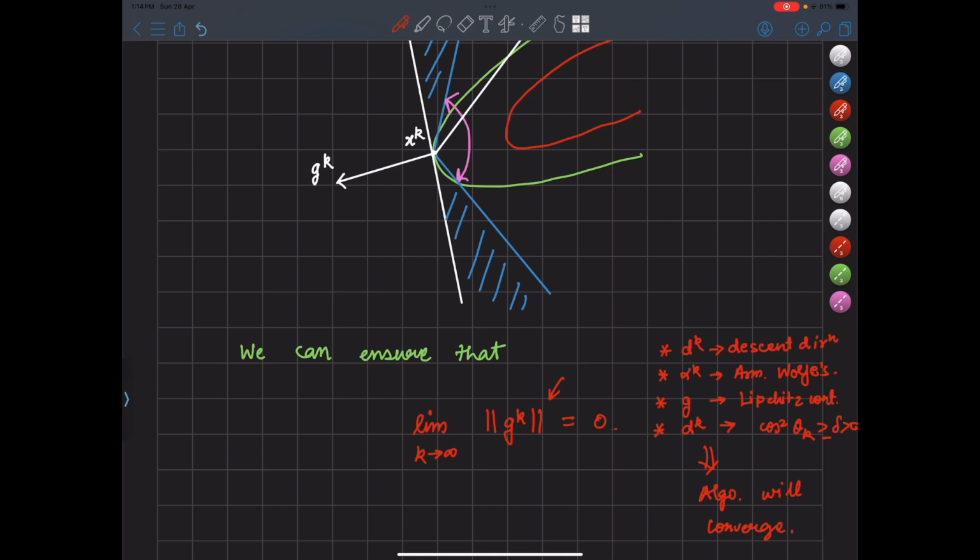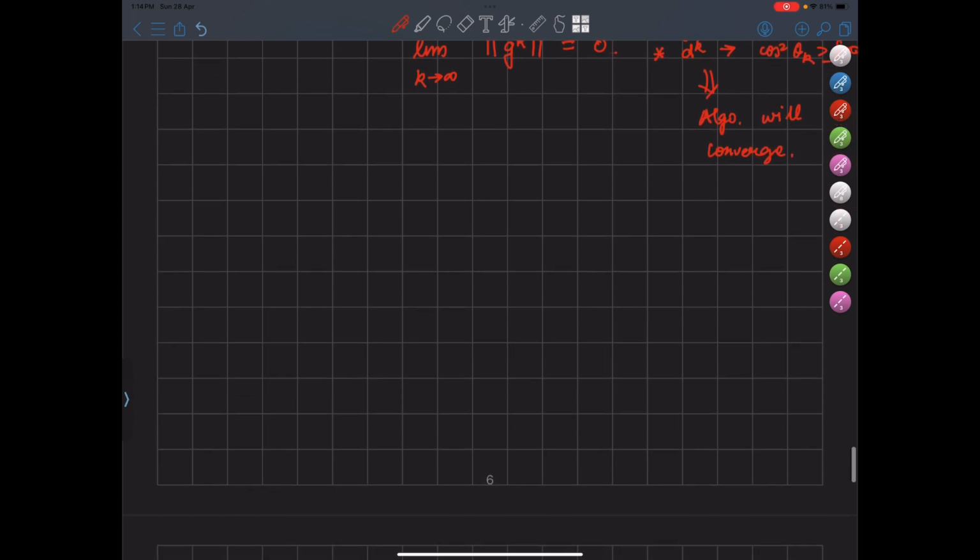Alright, so convergence is guaranteed. And this actually is called the Global Convergence Theorem, which we'll state now.